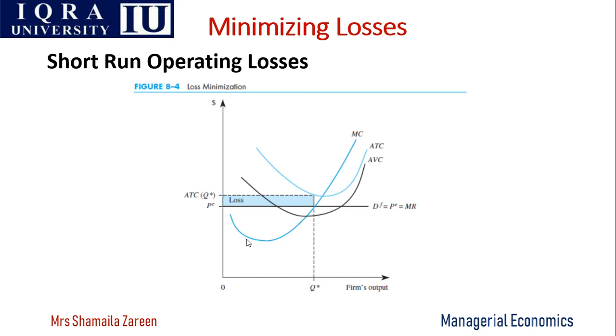And this diagram is showing the short run operating losses. So consider a first situation where there are some fixed costs of production. Suppose the market price, that is PE, lies below the average cost but above the average variable cost.